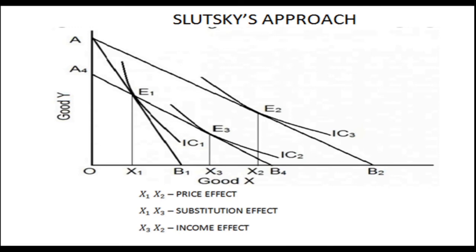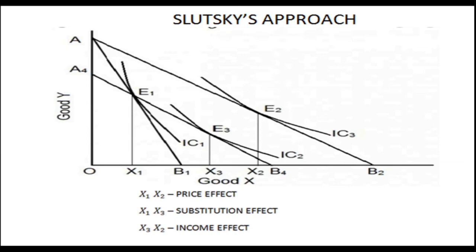The consumer moves from the AB2 budget line to the A4 B4 budget line. And now this new budget line A4 B4 is tangent to the indifference curve IC2 at point E3. So E3 is now the new consumer's equilibrium point where the consumer is purchasing OX3 of good X and E3 X3 of good Y.